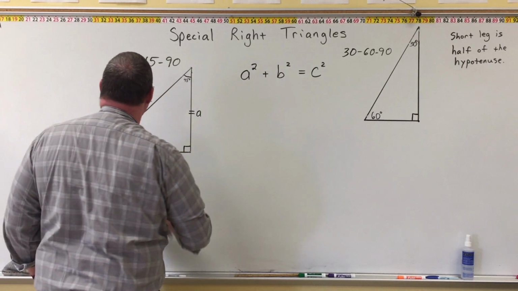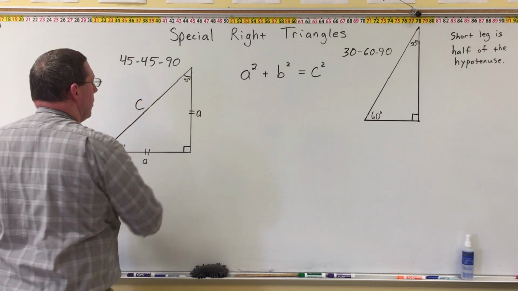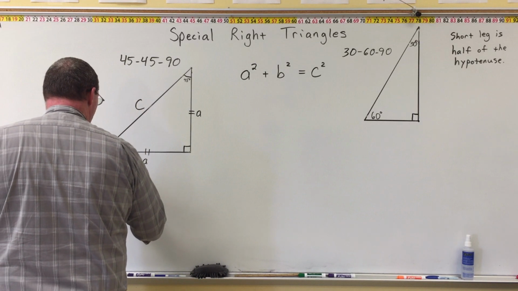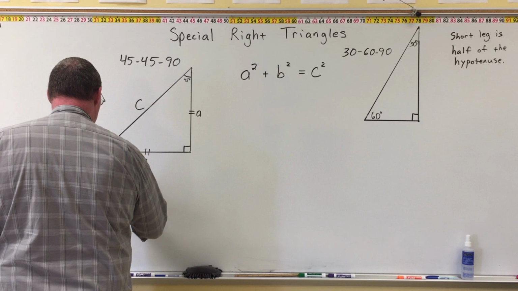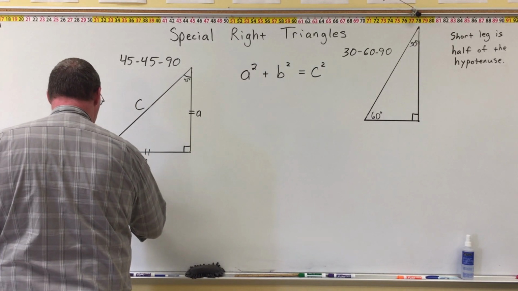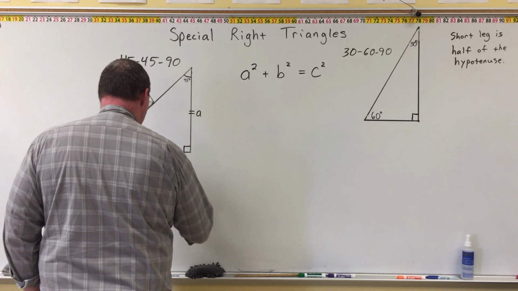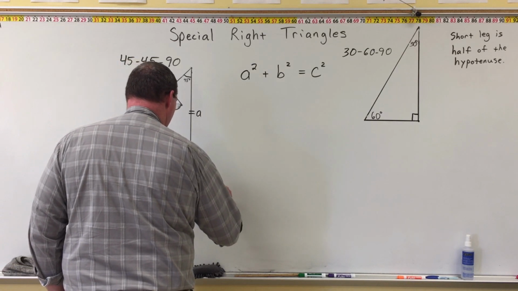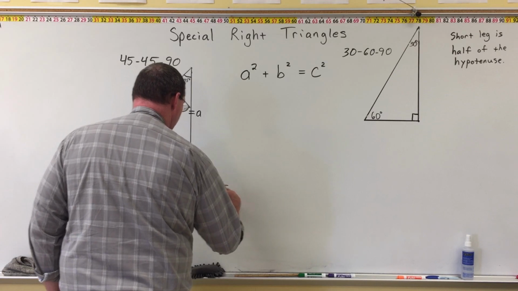Oh, you probably want me to write down how to convert here, right? Okay. For a 45, 45, 90, if you know A, to get C, multiply A times the square root of 2.